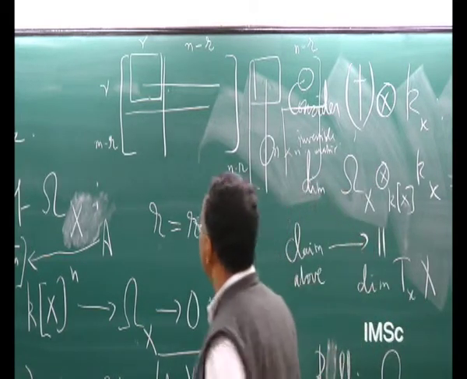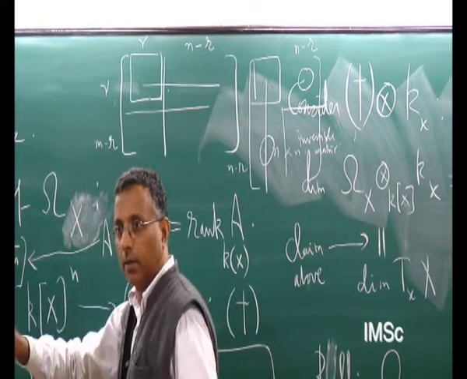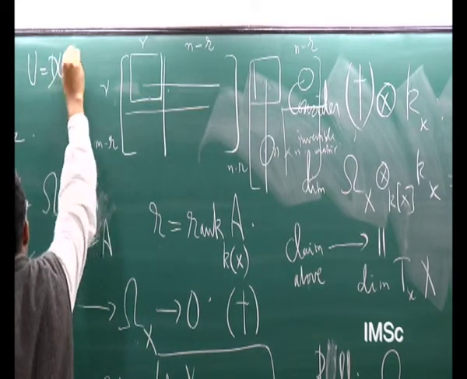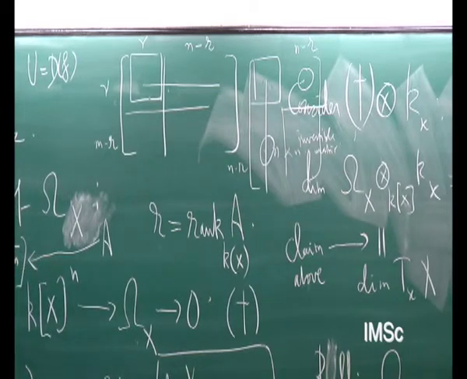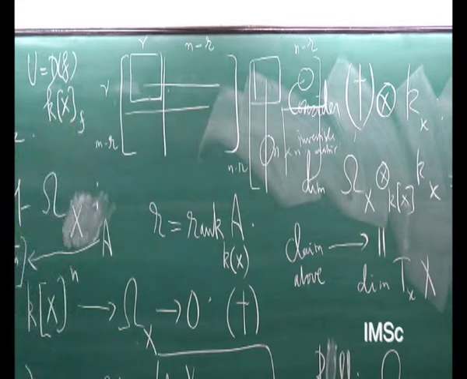What I am trying to do is the following. This R by R minor is say F. Now I take U to be D of F. I am claiming that U will work. And I am performing these operations in the ring K[X]_F.